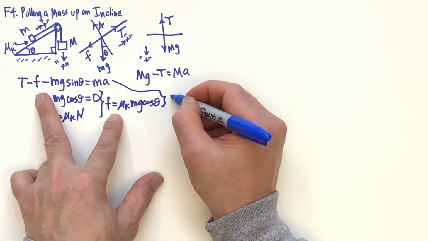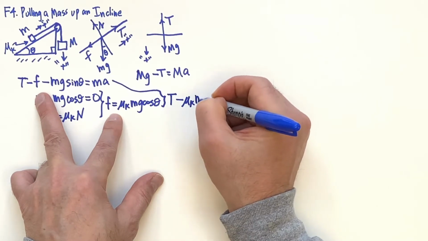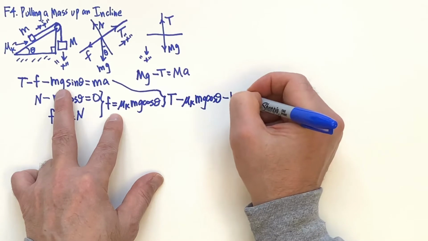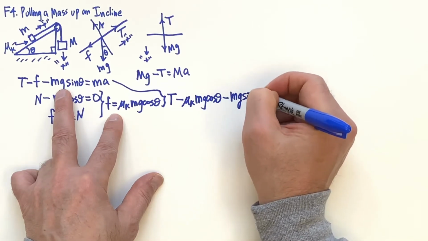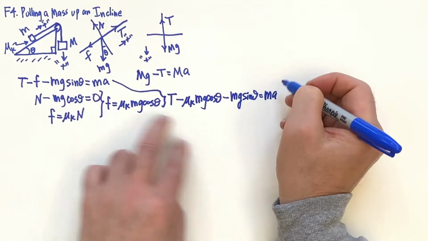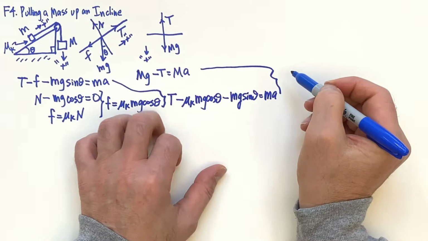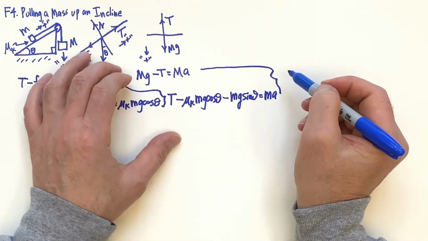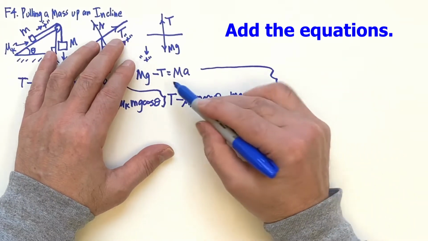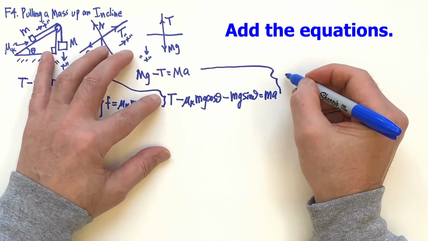So you then get T minus mu k mg cosine of theta minus mg sine of theta equals little ma. And then I take these two equations, just like we did in the previous problem in this chapter. We're going to use Newton's action and reaction to get rid of those tensions that appear with opposite signs.